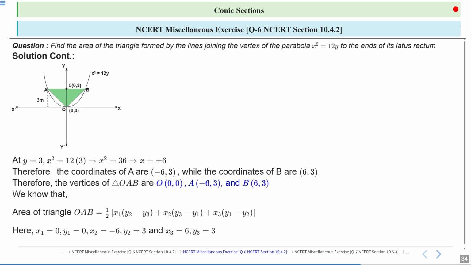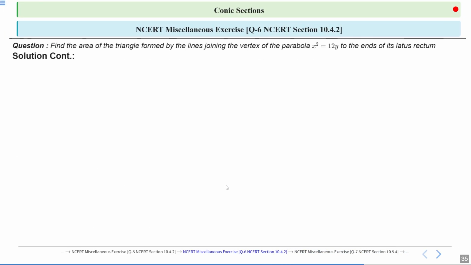Now putting these values into the formula, we will get the area of triangle OAB. So area of triangle OAB is equal to 1 by 2 modulus of 0 times (3 minus 3) plus (minus 6) times (3 minus 0) plus 6 times (0 minus 3) square unit.